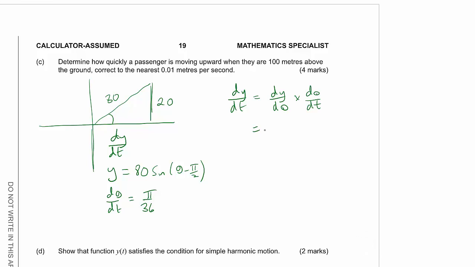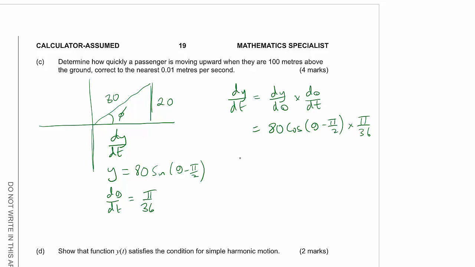So dy d theta is going to be 80 cos theta minus pi by 2, and we've got multiplied by pi by 36.